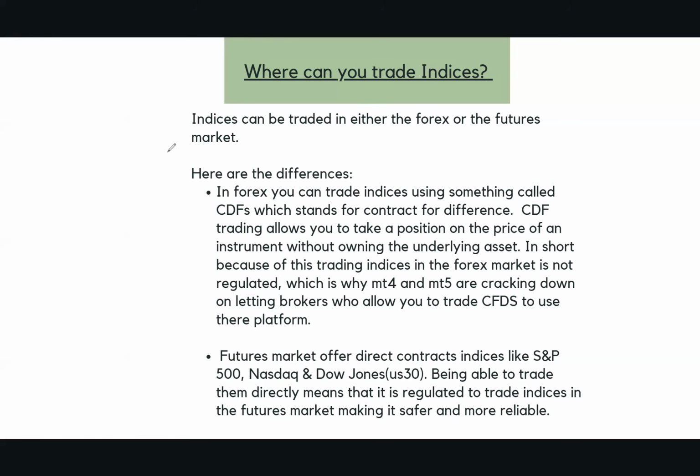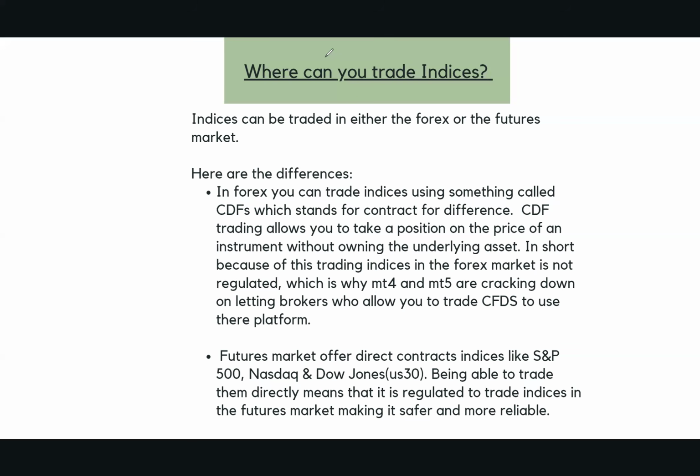Indices can be traded in either the Forex or the futures market. The difference in Forex, and this is for US traders, so if you're not in the US this doesn't apply to you, is that you can trade indices using something called CFDs, which stands for contract for difference. CFD trading allows you to take a position on the price of an instrument without owning the underlying asset.